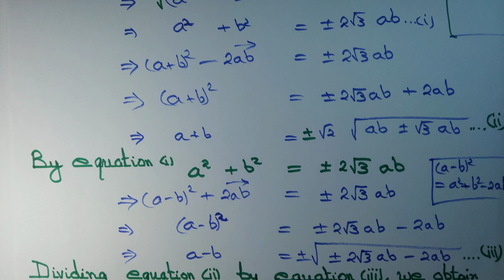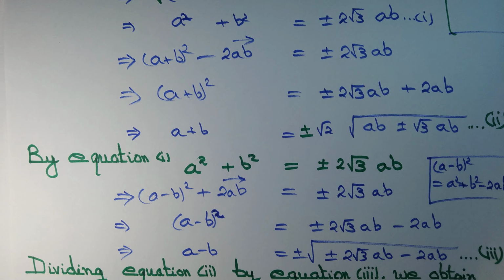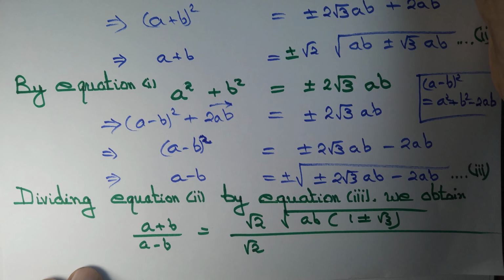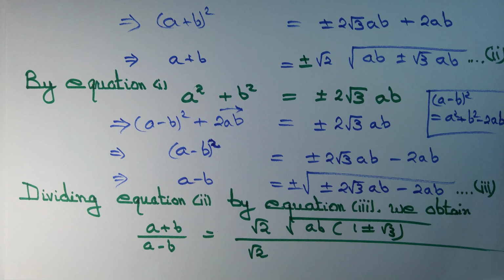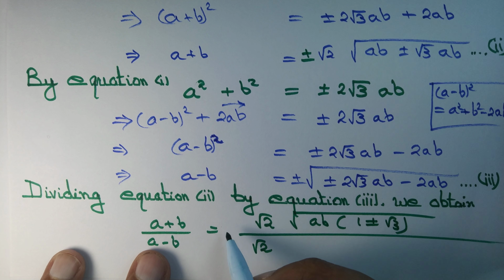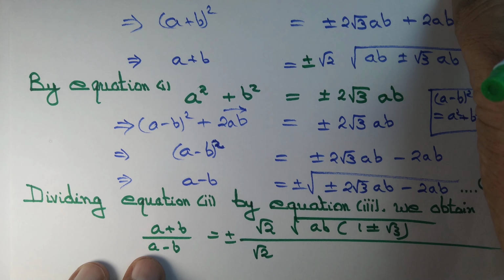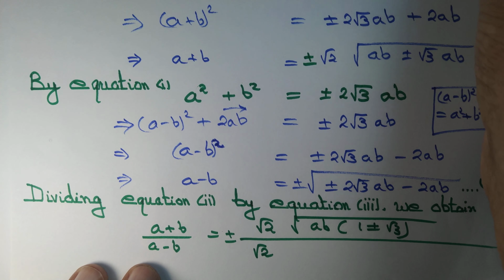It may happen that A plus B is positive and A minus B is negative. So we'll just write plus or minus. If both are of the same sign, it will be plus. If both are of opposite sign, then it will be minus. And then we can write the root as it is.